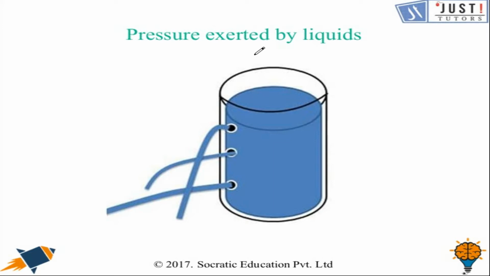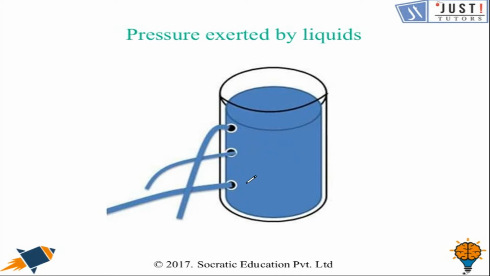Now let us take an activity to practice how liquids exert pressure with the help of this experiment. Take a container, fill it up with water, and then make 3 holes in it. Holes must be equal in size but at different heights.